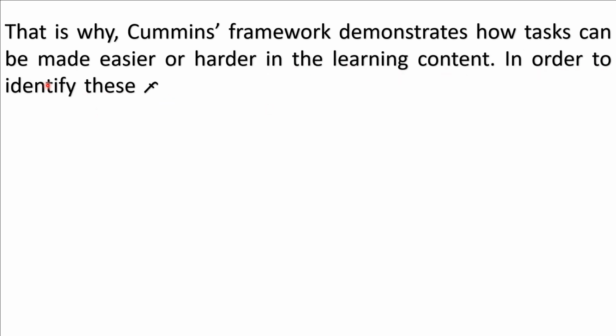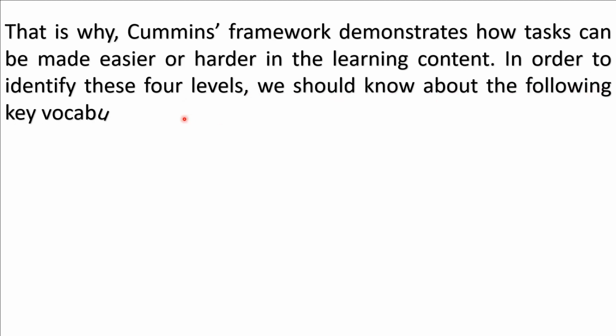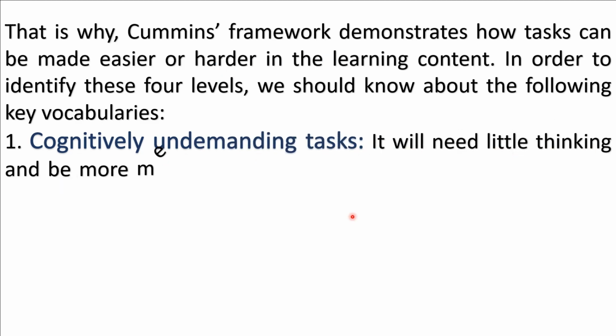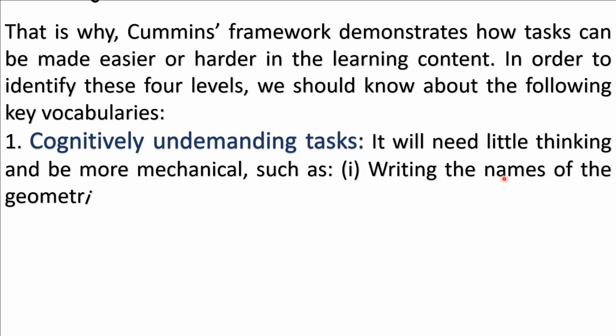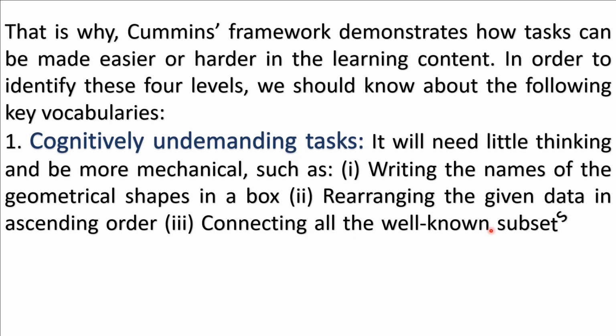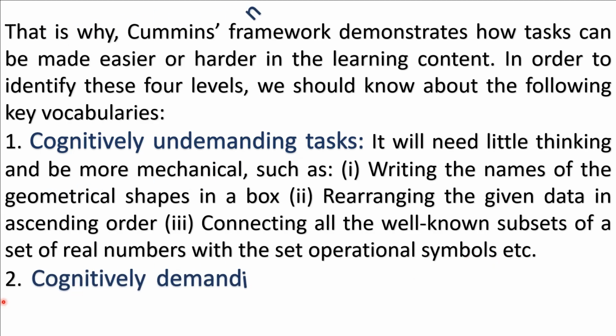In order to identify these 4 levels, we should know the following key vocabularies. Number 1, cognitively undemanding task. It needs little thinking and is more mechanical, such as: 1. Writing the names of the geometrical shapes in a box, rearranging the given data in ascending order, connecting all the well-known subsets of the set of real numbers with the set operational symbols, etc. 2.